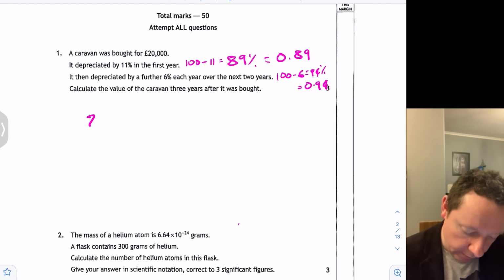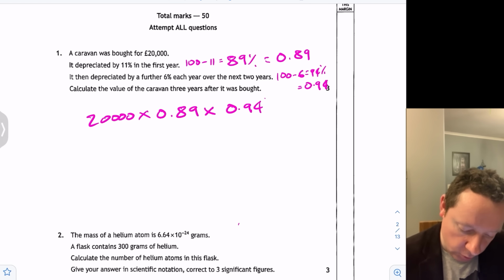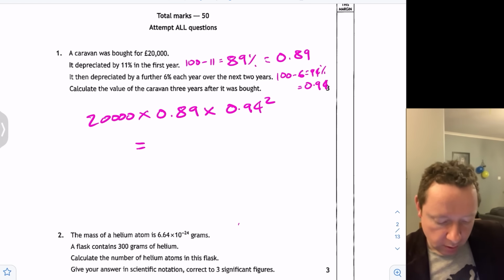So I need to do £20,000 times 0.89 for the first year times 0.94, but to the power of 2, because that's over 2 years.